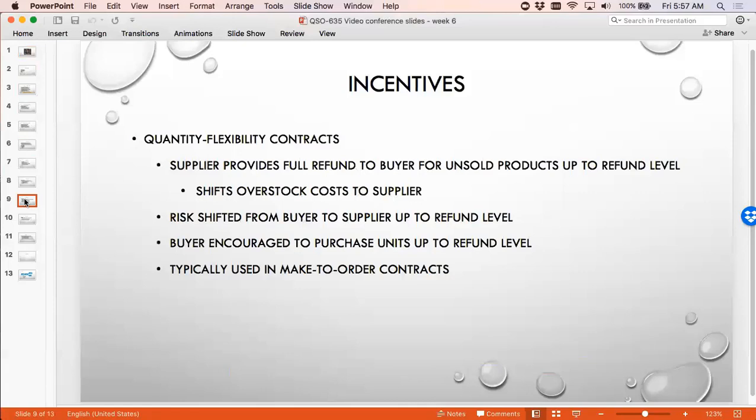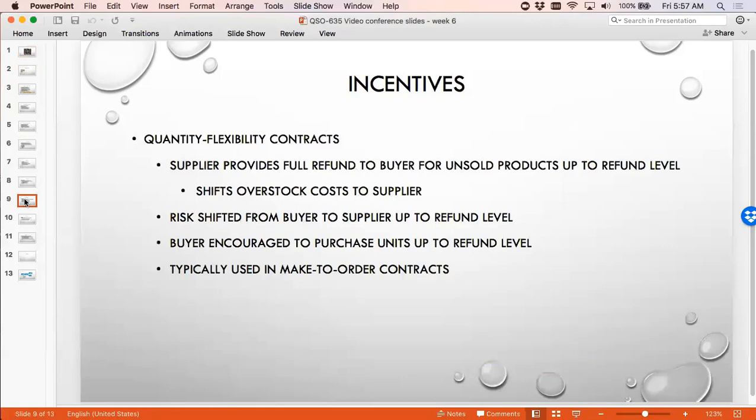So what this does is it's very effective for shifting the risk from the buyer to the supplier, up to the refund level. This encourages buyers to purchase units up to whatever the refund level is. So up to 1,200 units, we will refund you whatever you don't sell.